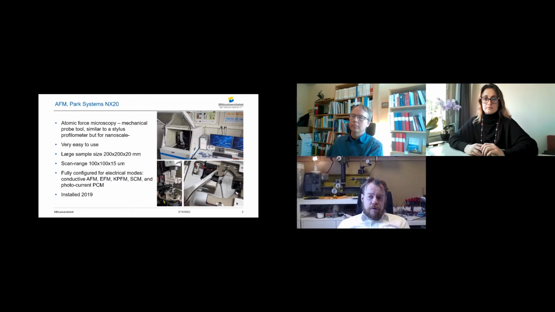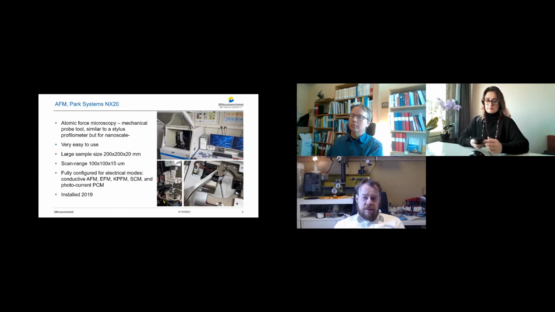The atomic force microscope that we have, if some of you are not aware of atomic force microscopies, it is basically like a mechanical probe tool. It is similar to a stylus profilometer, but it's on the nanoscale size. So it's a miniature profilometer, you can say. This Park system that we have is extremely easy to use.